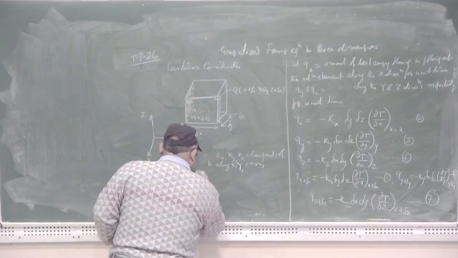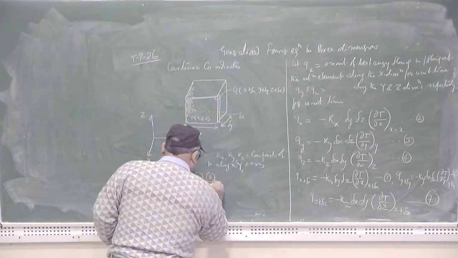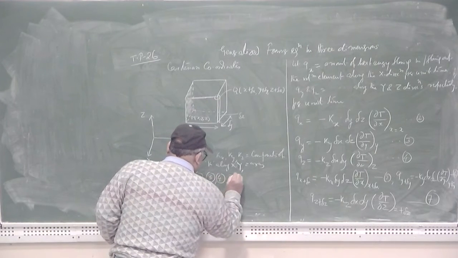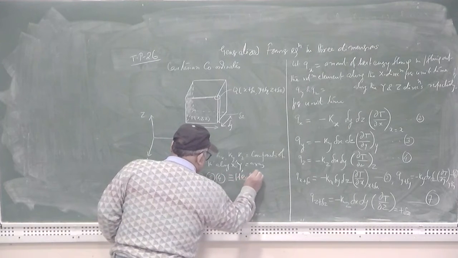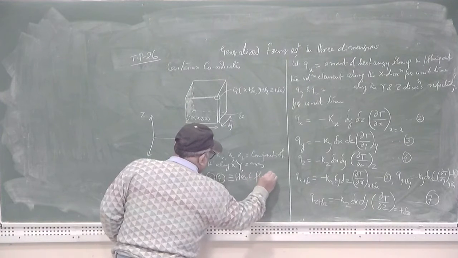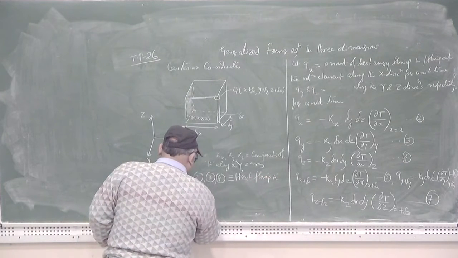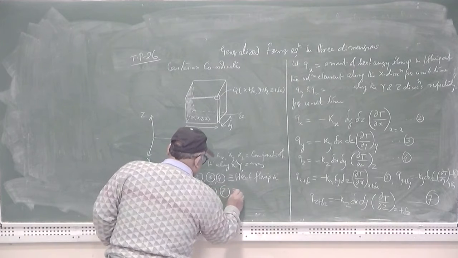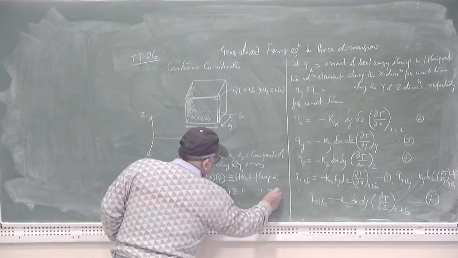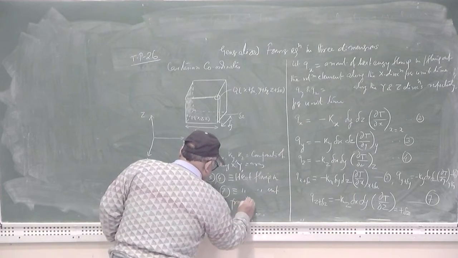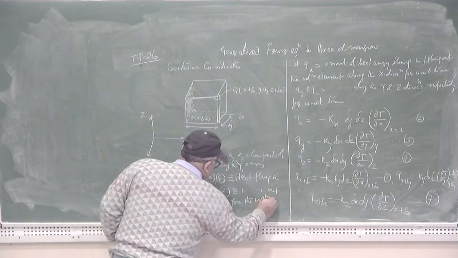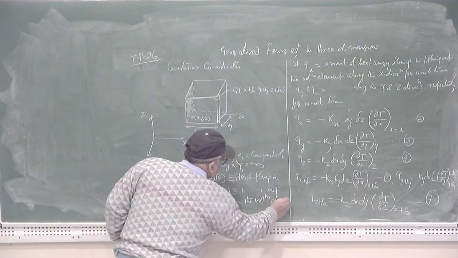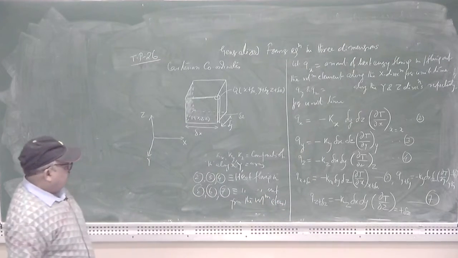Equations number 2, 3, 4 correspond to heat flowing in, whereas equations number 5, 6 and 7 are equivalent to the heat flowing out from the volume element.